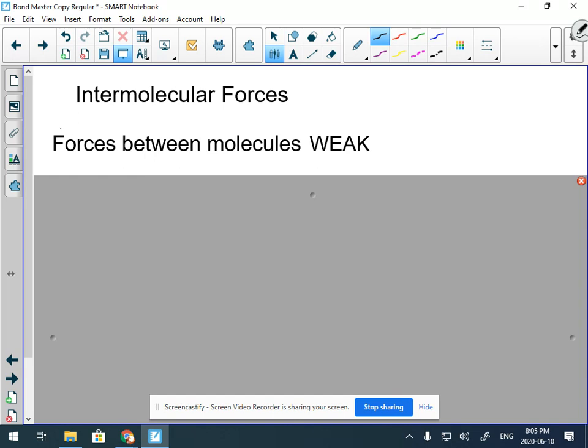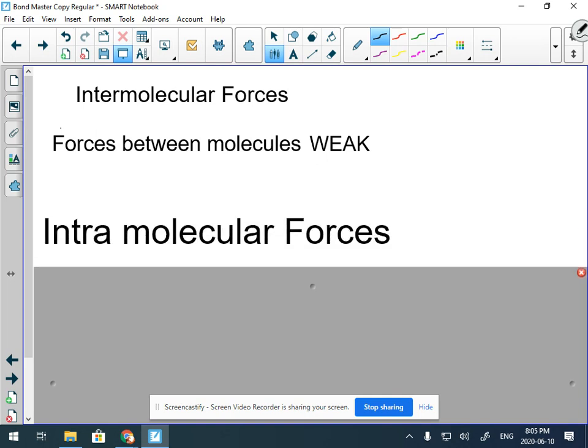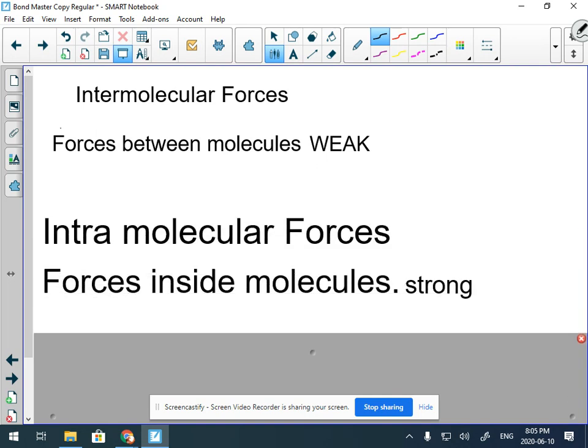We've only talked about forces in a roundabout way, called intramolecular forces, which are forces inside a molecule. And those are very, very strong. So that's like the shared electron. A covalent bond is an intramolecular force. An ionic bond is an intramolecular force.